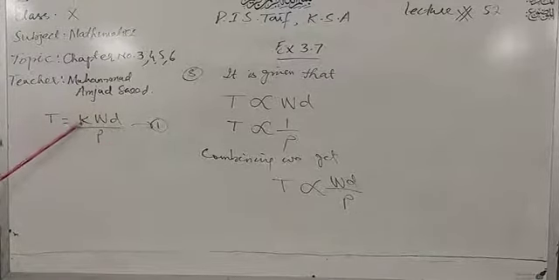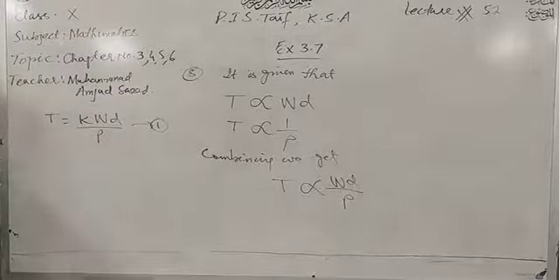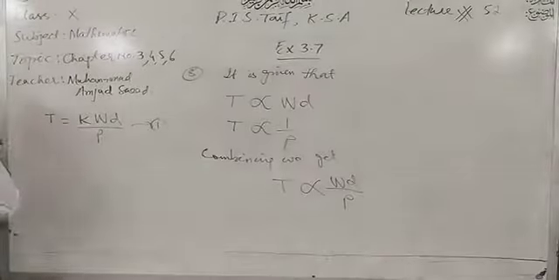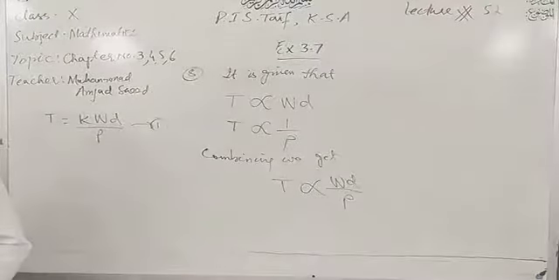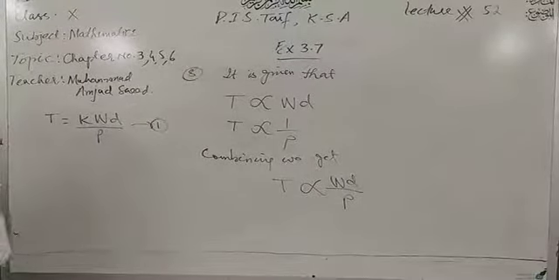Then put this value of k here, and if you want to find t, w, d and p will be given, and you can apply the values. If you want to find p, t, w and d will be given. So in this way, I hope that you can put the values in this formula and complete your answer. I hope that you understood this question.